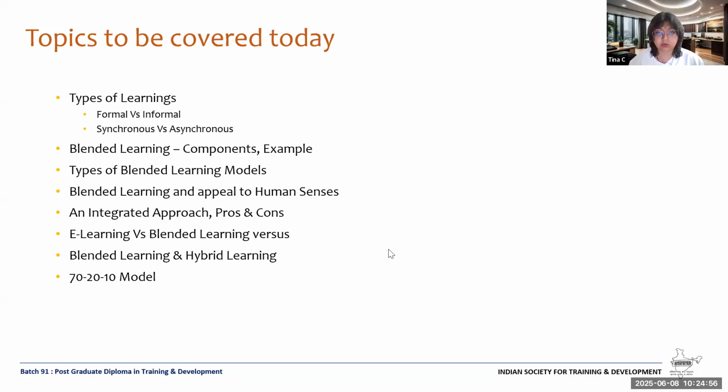So what is the difference between formal learning and informal learning? I'm not going to parrot it. I'm going to put it up on the screen so that all of you can have a look at it, and then let's have any discussion in case you would like to. Okay. So I'm going to put it up on the screen and I'm going to stay quiet for a few seconds for all of you to grasp this. So here you go.